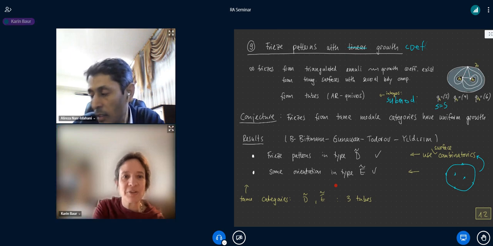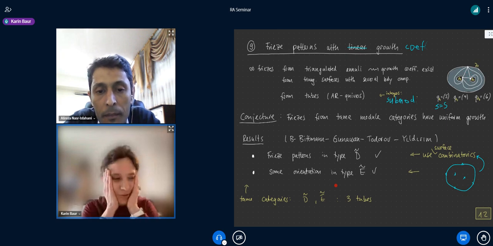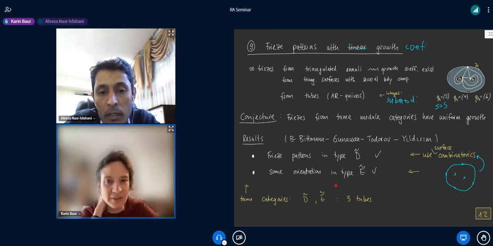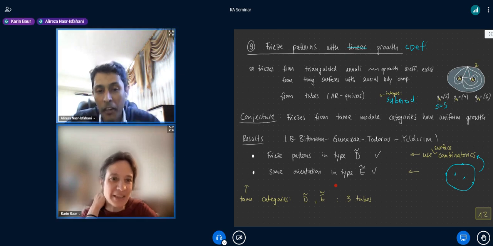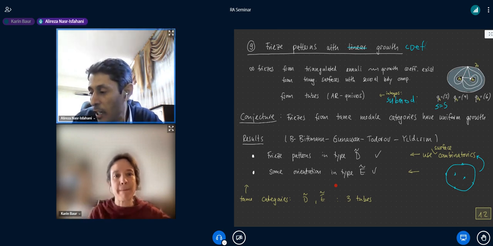So that's true. There are colored triangulations, and I should maybe compare that. Maybe one could use that even for E tilde. There may be some connection between the colored triangulation and this.